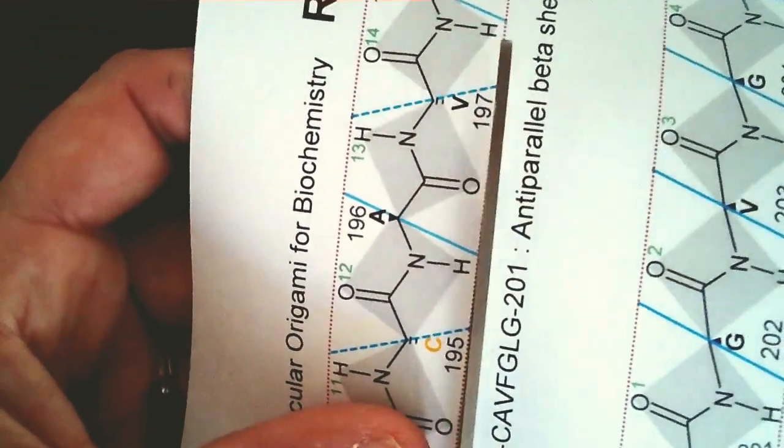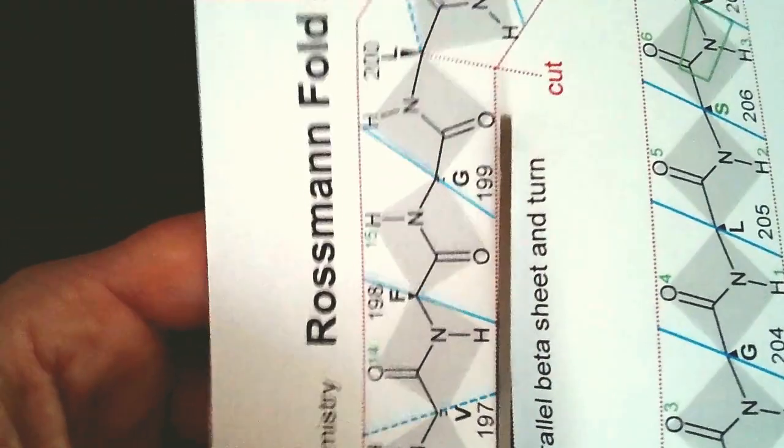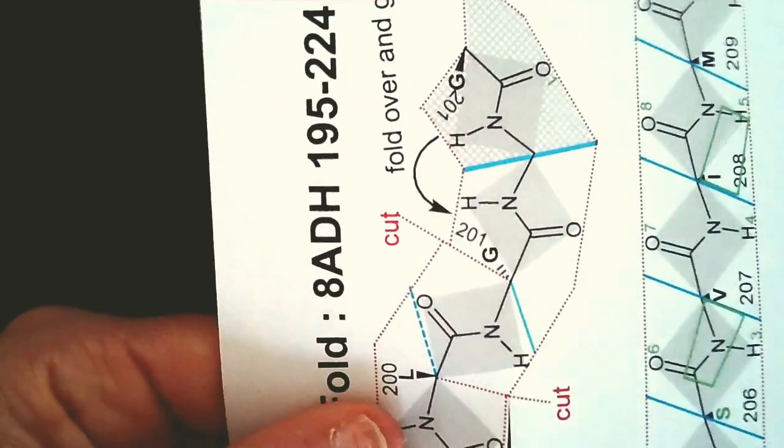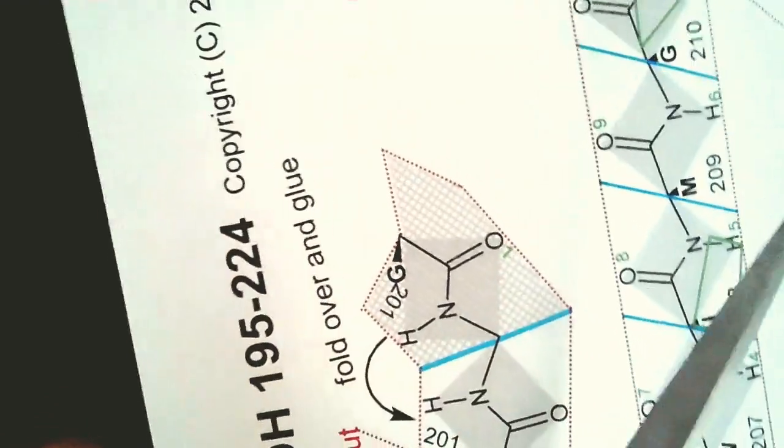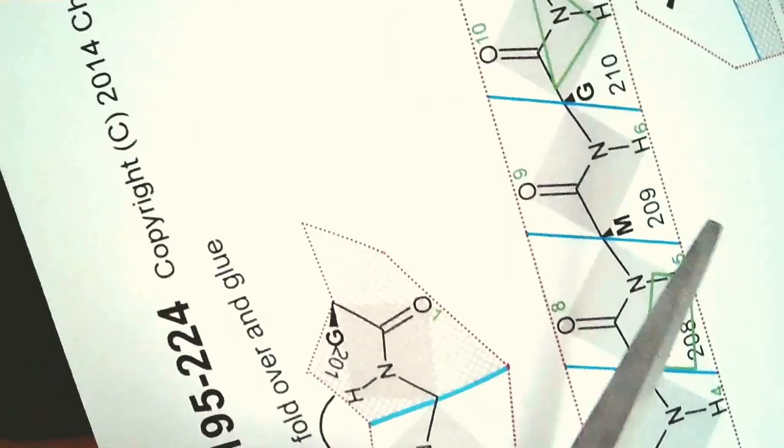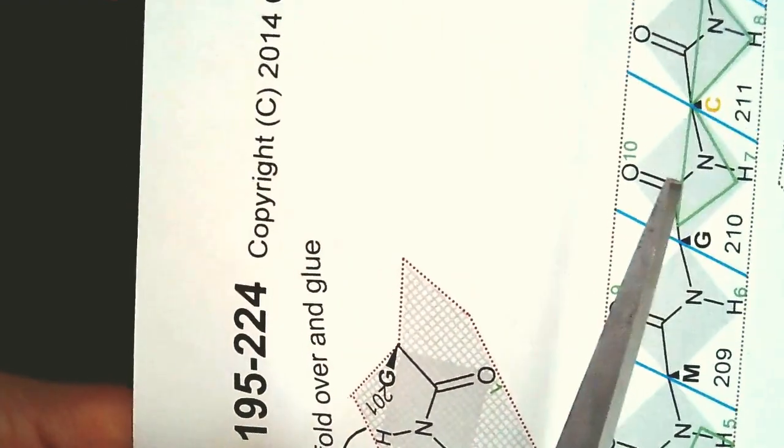As you cut this, you should be observing the chemical structures of the amino acids. We've come across another little red dash line here that says cut. So keep in mind, anytime you see a red line, you will cut that. I'm going to skip that for now, but I will definitely come back to it.